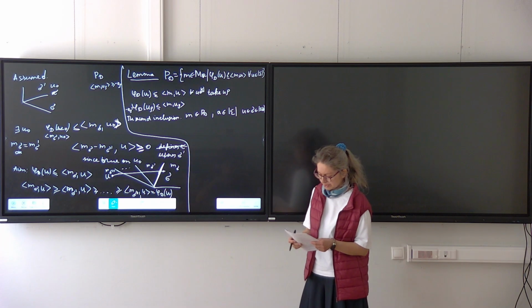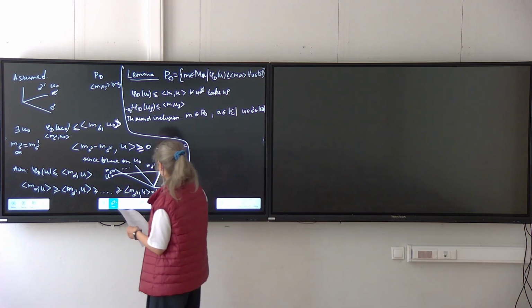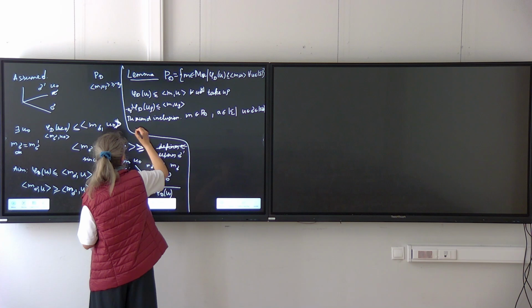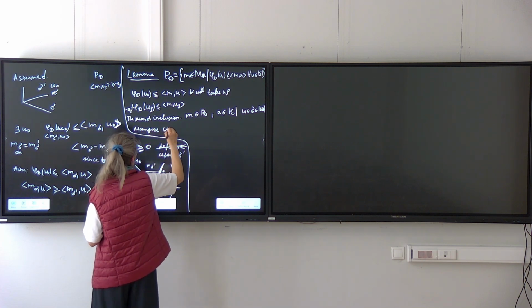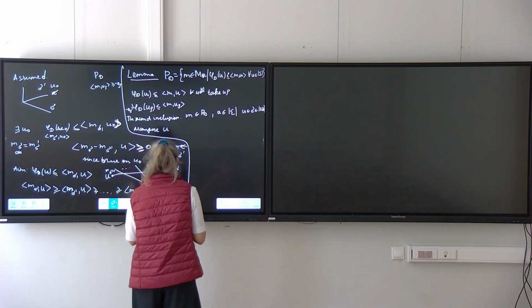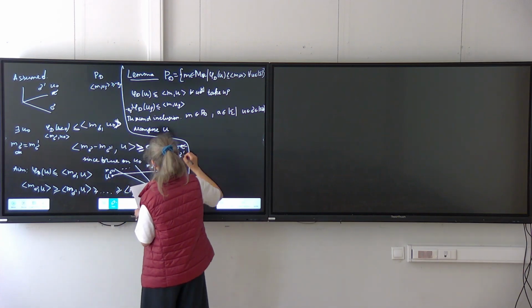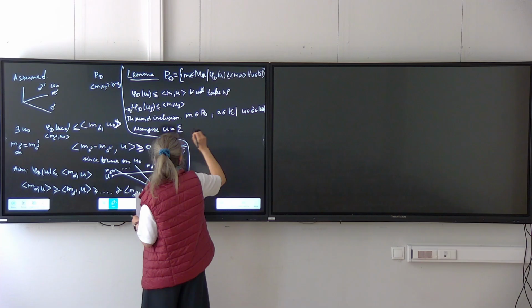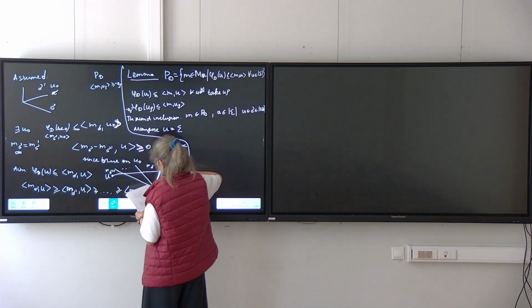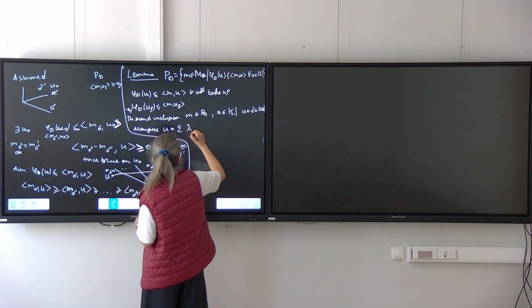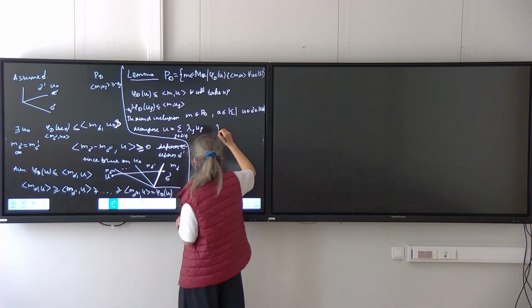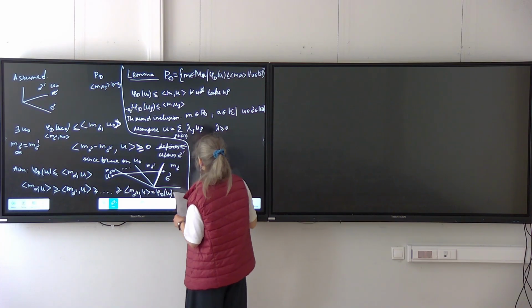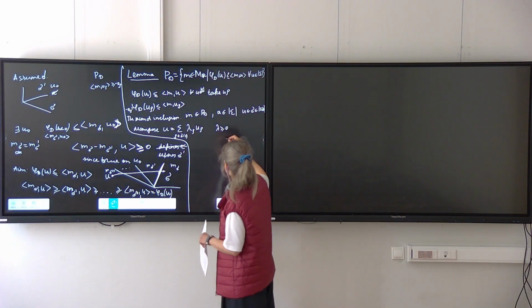Our fan is quite good. We can decompose u as the sum over all the rays of this sigma, lambda rho u rho, where all lambda rho are non-negative.